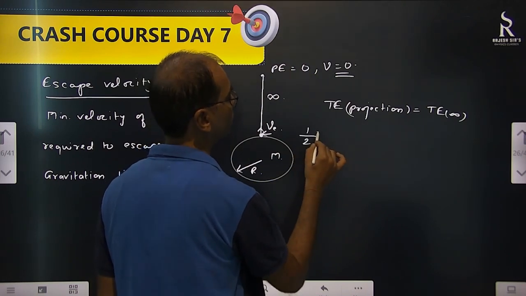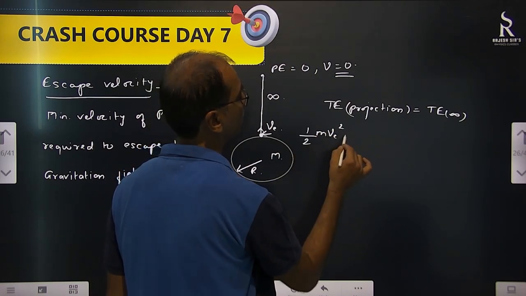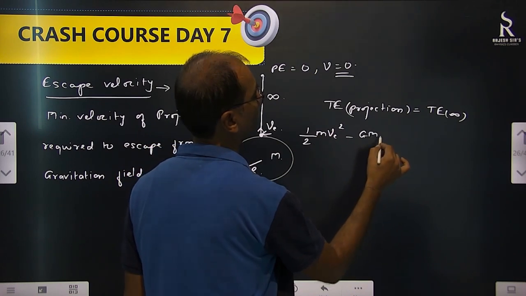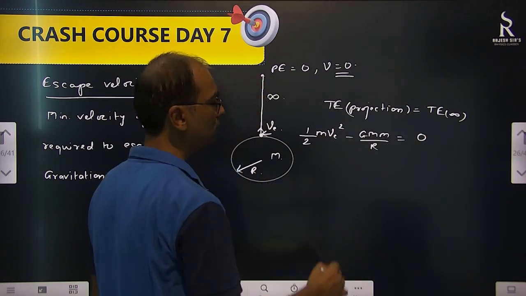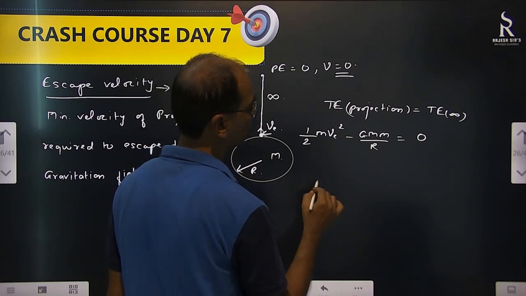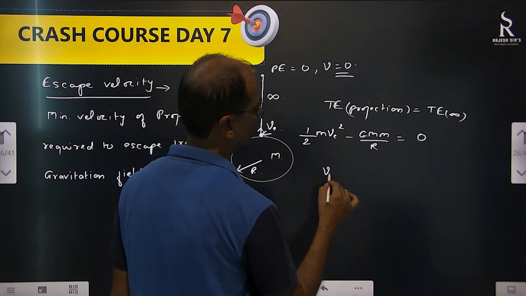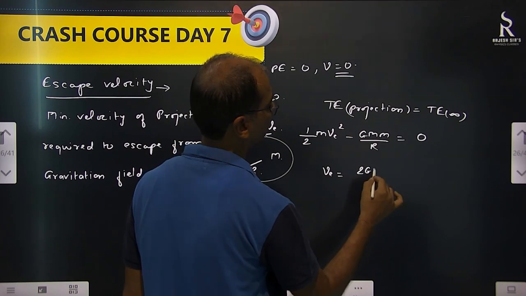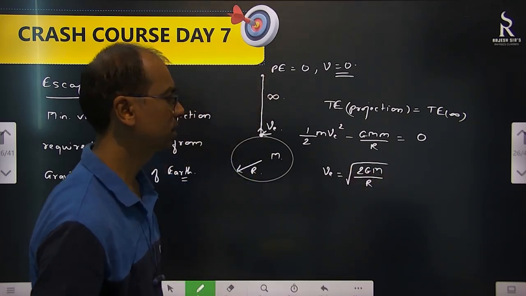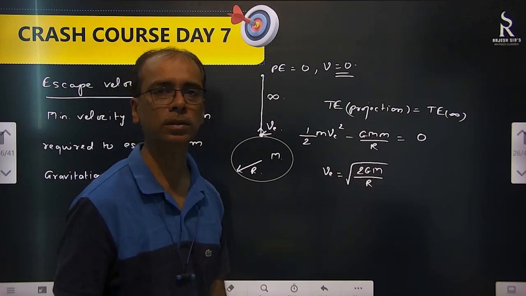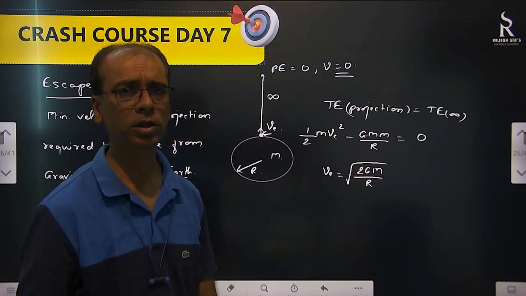Half m Ve square is the kinetic energy, minus GMm by r is potential energy, whereas here both are 0. So from here we get the escape velocity, and what is that? Root of 2GM by r. Is it fixed? Yes, everything is fixed. G is fixed, M is fixed, r is fixed. It comes out to be 11.2 kilometers per second.